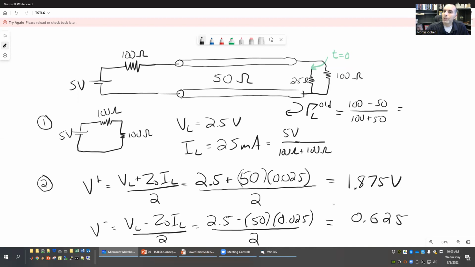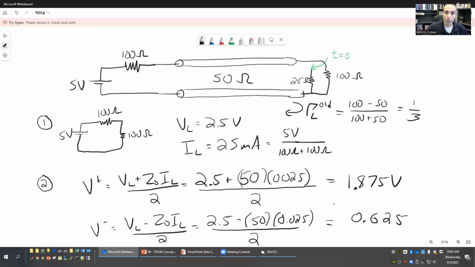This works out to be 50 divided by 150, so that's 1/3. So the reflection coefficient at the load side is 1/3. So it shouldn't be surprising that the negative going wave is also exactly 1/3 of the positive going wave, right? Because V positive hits the load and becomes V negative, so you've got a ratio there of 1/3.